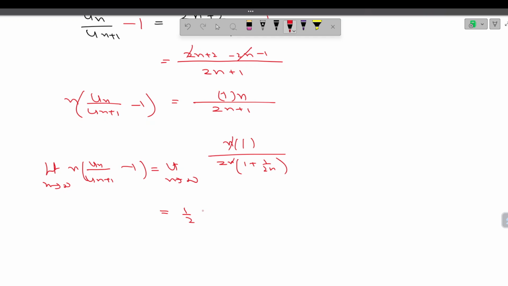So we get 1 by 2, less than 1, convergent by Raabe's test for when x equal to 1.